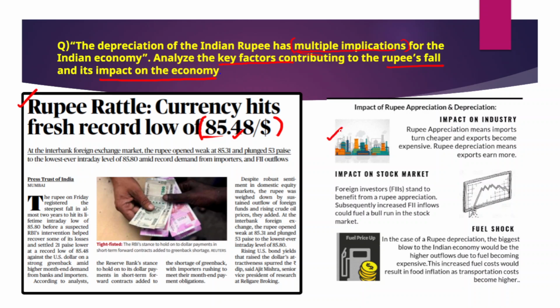And on this image you can see some factors or the impact of rupee depreciation as well as appreciation. Now how rupee appreciation impacts Indian industry, how rupee depreciation impacts Indian industry, all these factors are being given here. And in fact, rupee depreciation will benefit exporters.